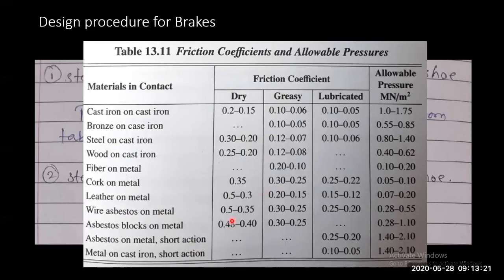So in this case, we can assume the dry and greasy condition here. So both these conditions were again not given in the question, whether it was dry or greasy. So what we'll do, we'll take this combination here. We'll assume asbestos block on metal, and it is undergoing dry friction.